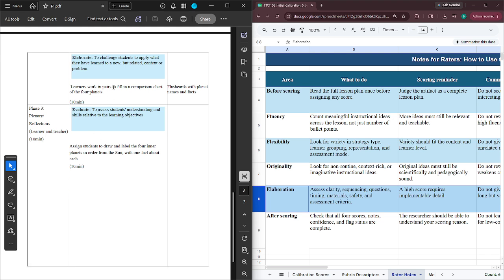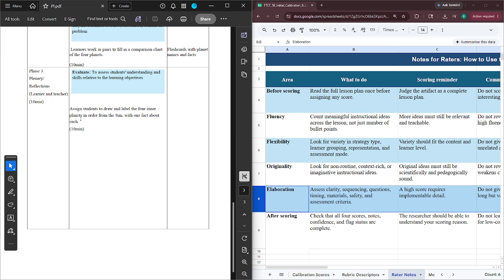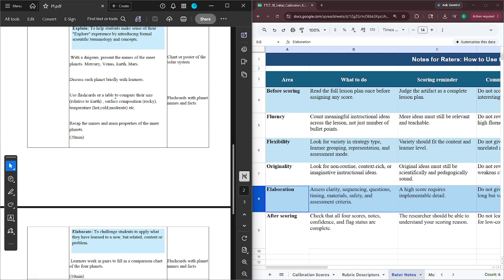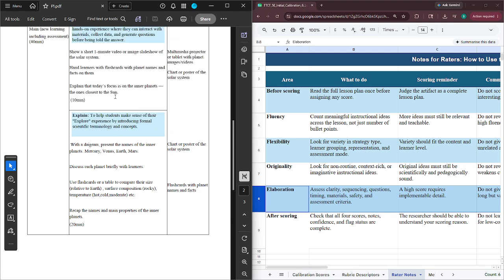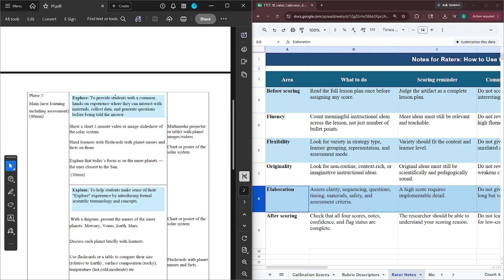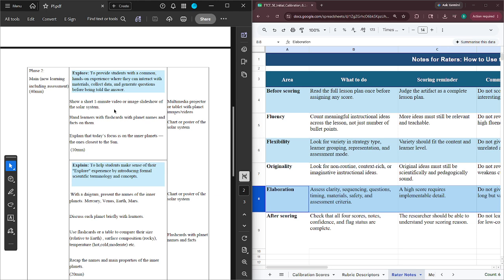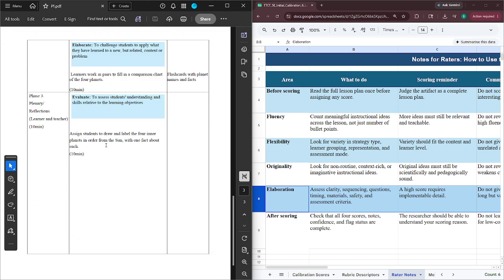So these are actual activity, work in pairs. Then they assign the students to draw and label. So we check if drawing has been captured already. So I go up and check. So drawing just appeared for the first time. So I'll count that one too.